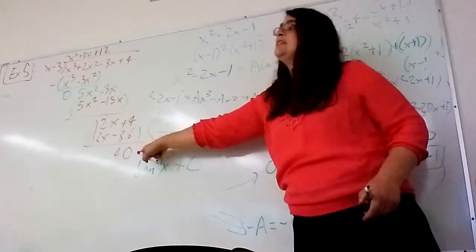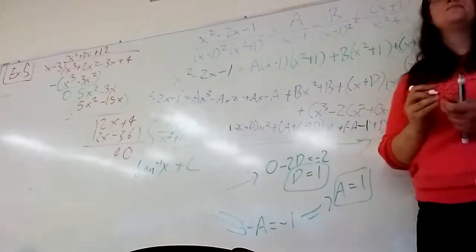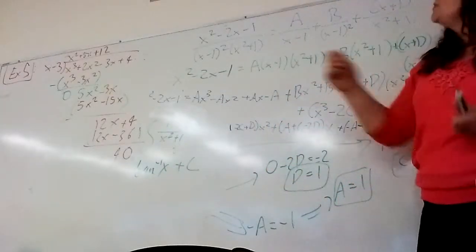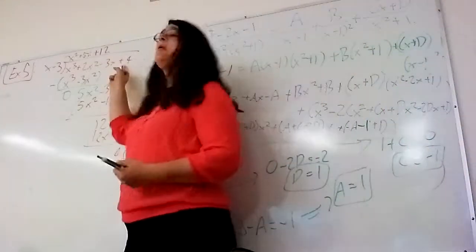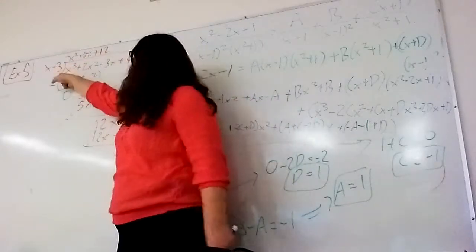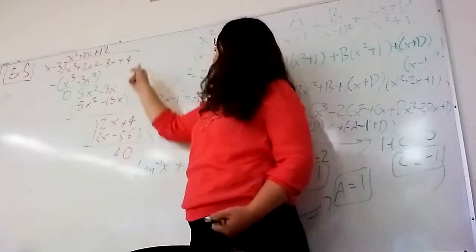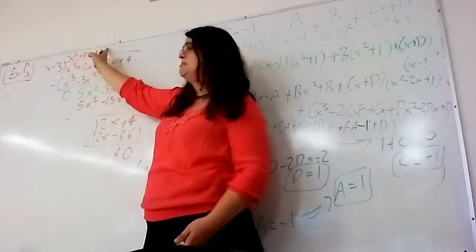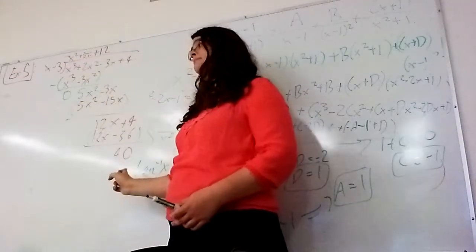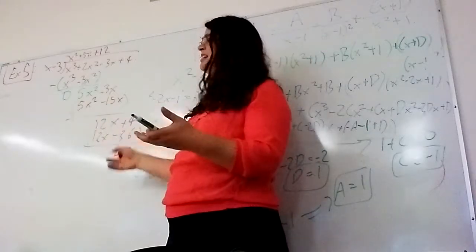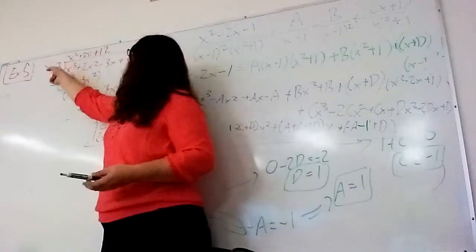The remainder here is 40. What this says is that this big polynomial is the little one times the quotient plus the remainder. The big one is x minus 3 times this plus 40. There's 40 left over. That's in the big one. That's not in this times this.